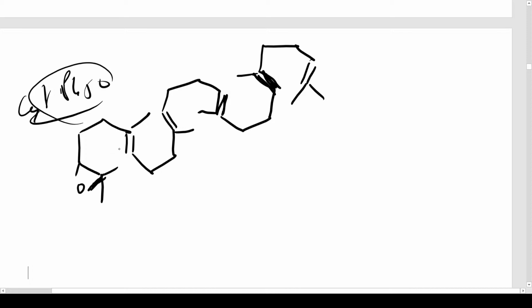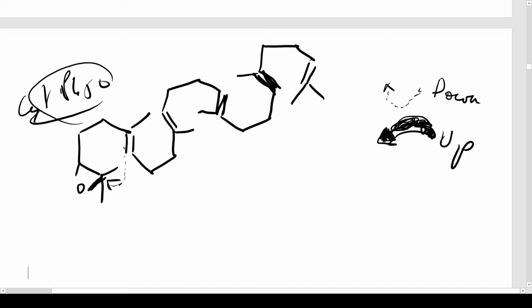What you can see is that this arrow means attack from down, this arrow from up, from the upper side, then down.